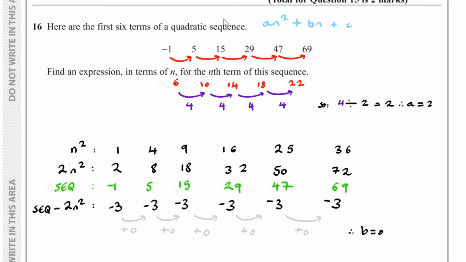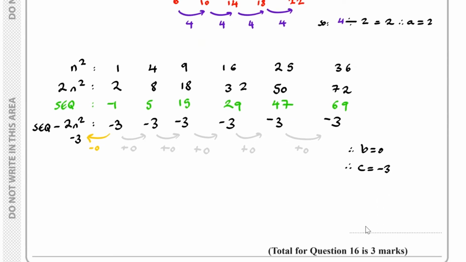And to find the 0th term, we simply do the opposite of adding 0, which is subtracting 0. So here we end up with minus 3. Okay, so therefore c, that's equal to minus 3. And substituting these in, we see that our nth term will be given by 2n squared minus 3.